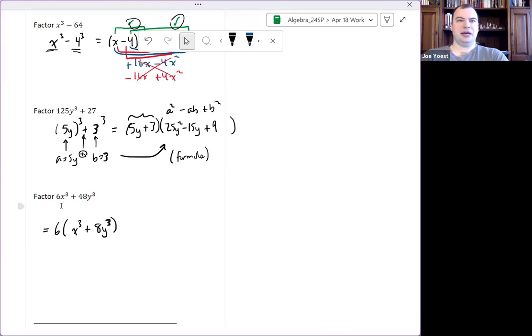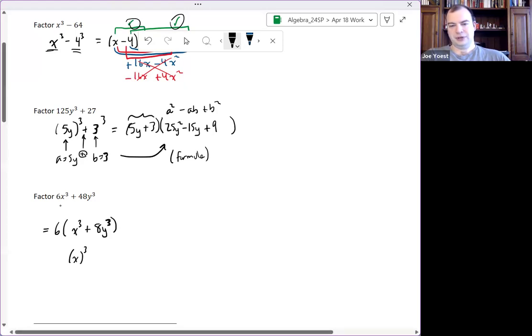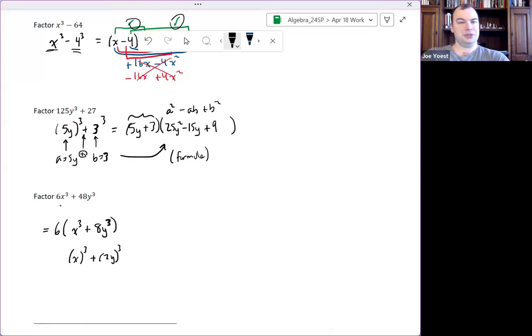I ask, is there a greatest common factor I can factor out? And there is. I can factor a 6 out of both terms. So this leaves me with 6 times x cubed plus 8y cubed. Or in other words, this is x cubed plus 2y cubed. This is the sum of 2 cubes.